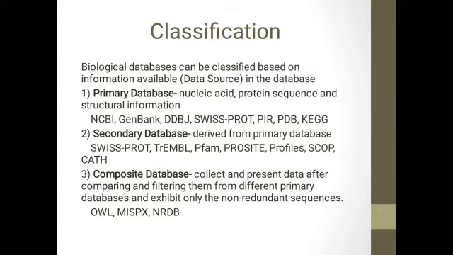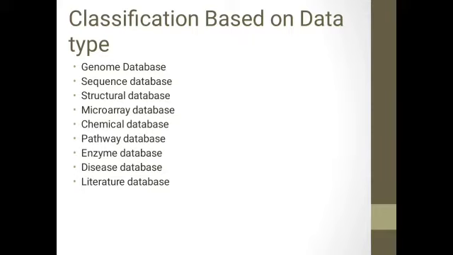Secondary databases are derived from the primary databases, with examples Swiss-Prot, TrEMBL, Pfam, PROSITE, SCOP, Profiles, CATH. Composed databases collect and present the data after comparing and filtering them from different primary databases and exhibiting only the non-recurrent sequence. Example, OWL. Now, database classification on the basis of the type.